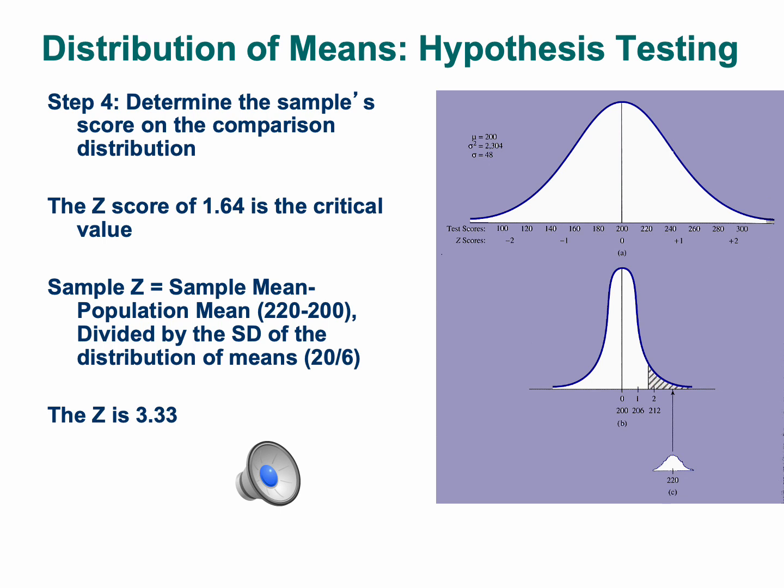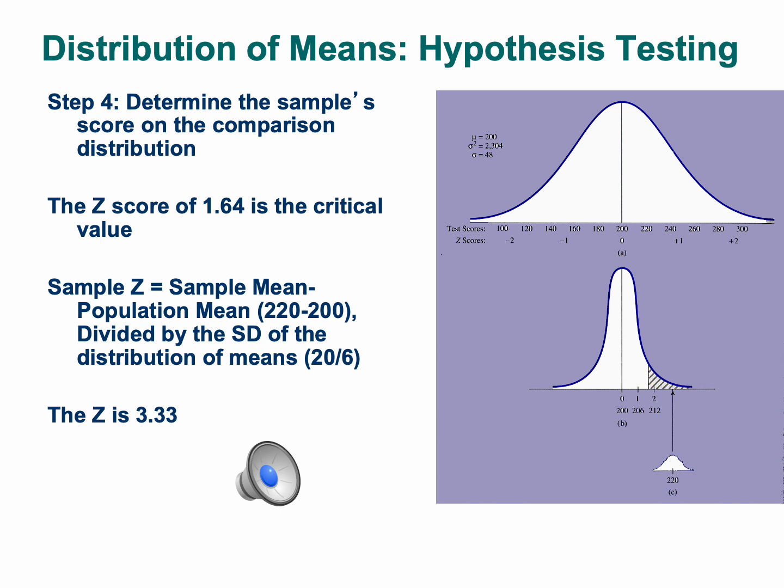Hypothesis testing step 4. Now we want to determine the sample score on the comparison distribution. We've discovered the z-score of 1.64 is the critical value. Now we want to figure out the score that we actually got for our sample. So our sample z-score is going to equal the sample mean minus the population mean, here that's 220 minus 200, divided by the standard deviation of the distribution of means.